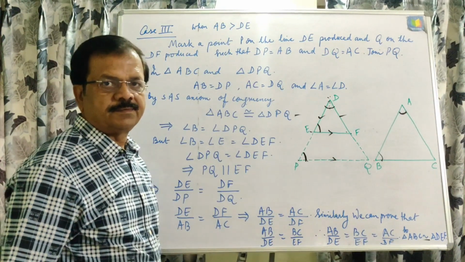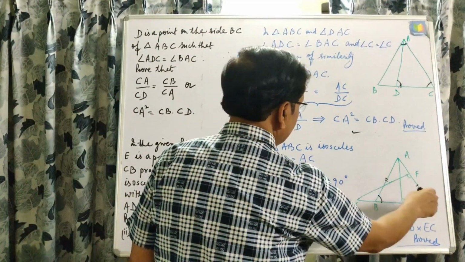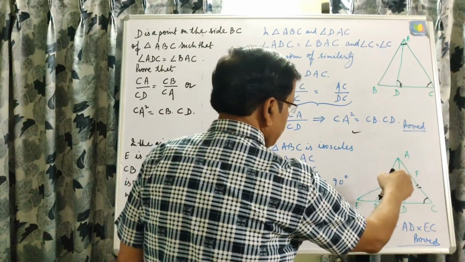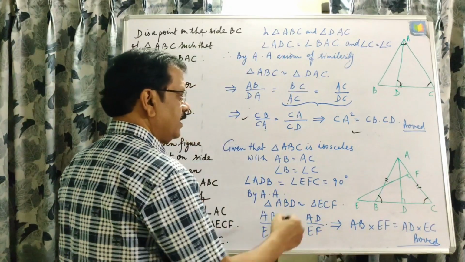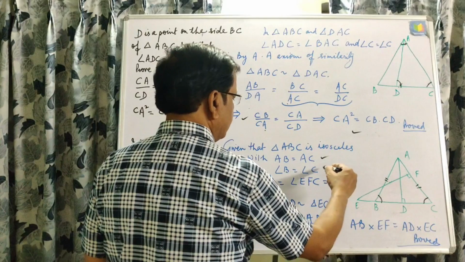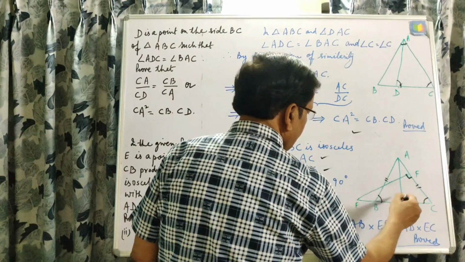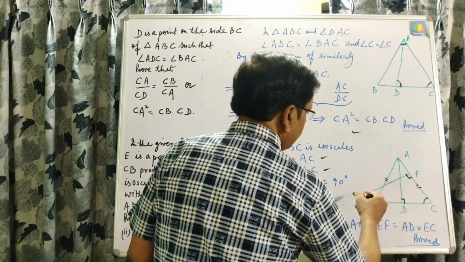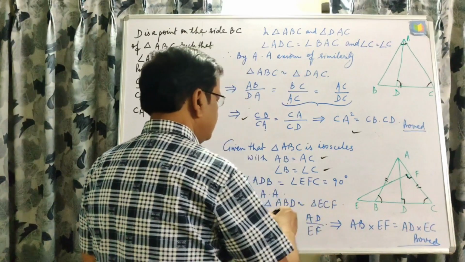Now next, in this isosceles triangle ABC, AB is equal to AC, so the angles opposite to equal sides are equal. So AB is equal to AC, this angle is equal, and this angle is given as 90 degrees, that is, in this triangle this is 90 and in this triangle this is 90.